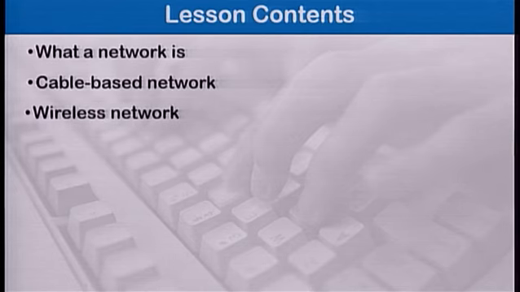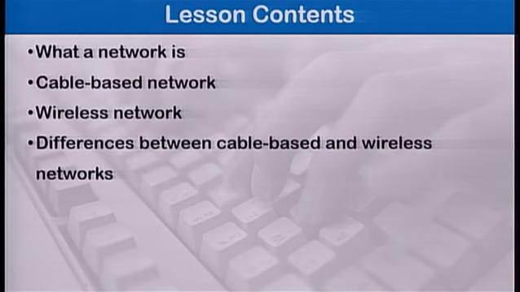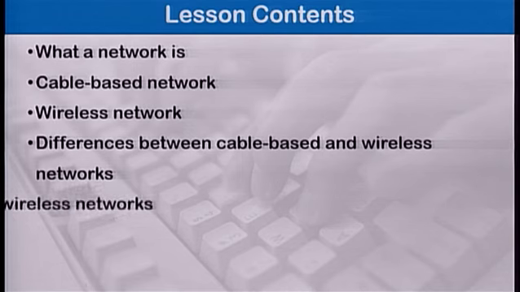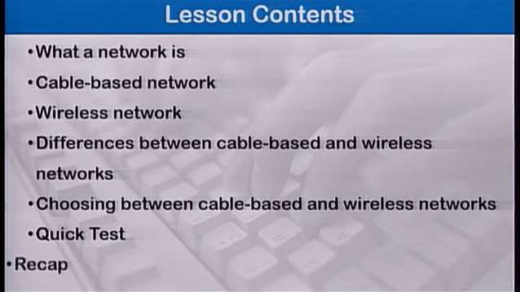We will also see what is meant by a wireless network. Then we will look at the differences between cable-based and wireless networks. After that, we will learn how to choose between a wireless and a wired network. To end the lesson, we will have a quick test and finally a recap.